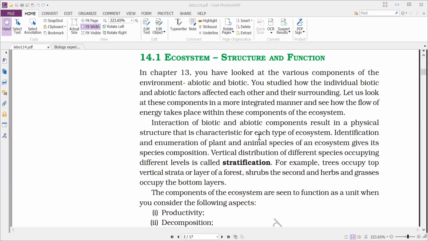So we'll find some producers, primary consumers, secondary consumers, tertiary consumers, and according to that we'll arrange. This arrangement of vertical distribution of different species at different levels, we are calling it stratification.